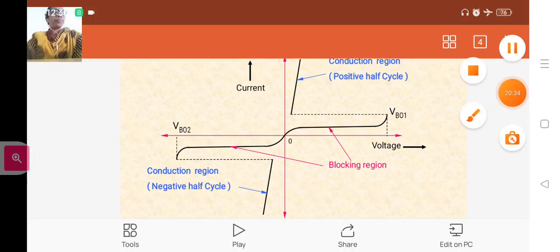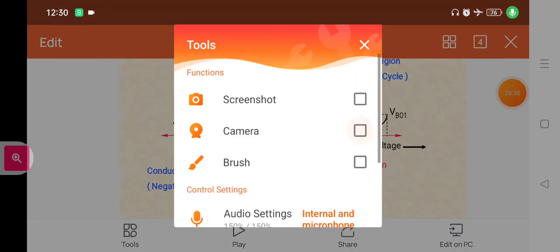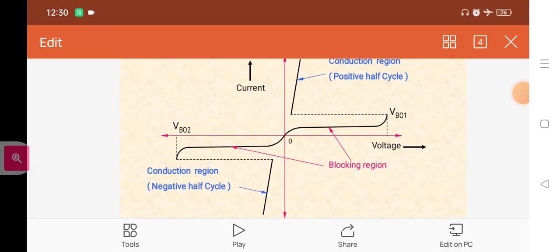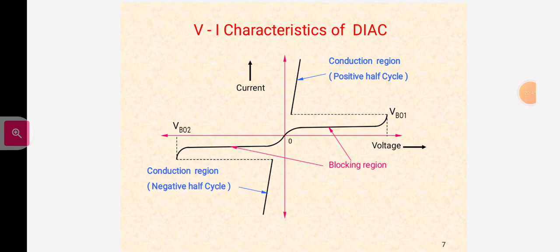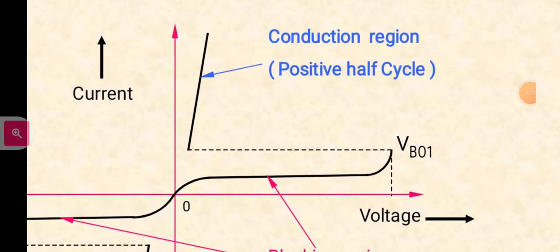This diagram shows the VI characteristics of diac during forward bias, that is, in the first quadrant.